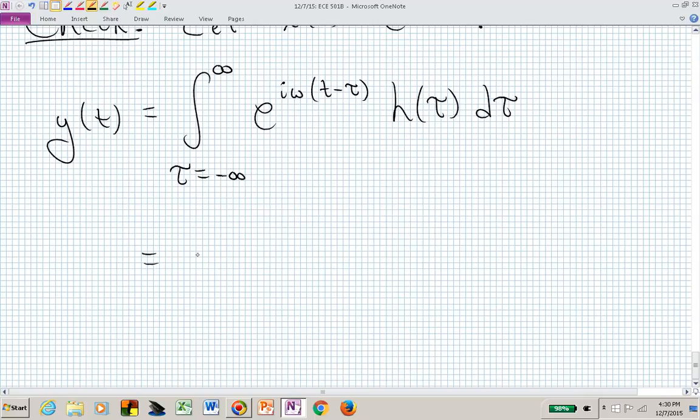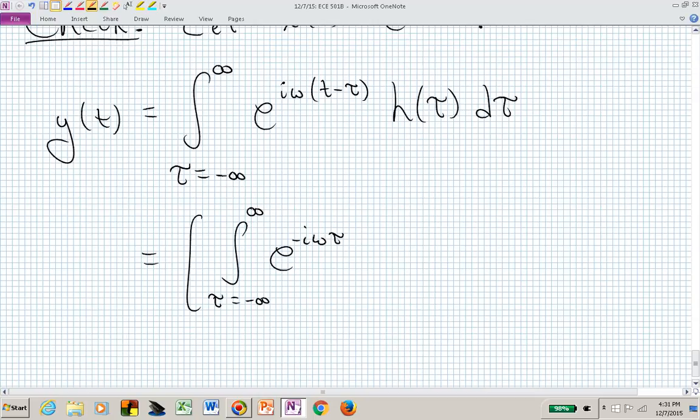Let's now say that this is rewritten. We will keep the functions of tau inside the integral.